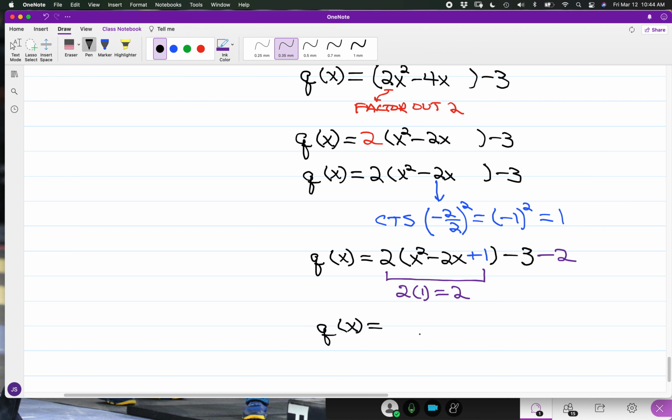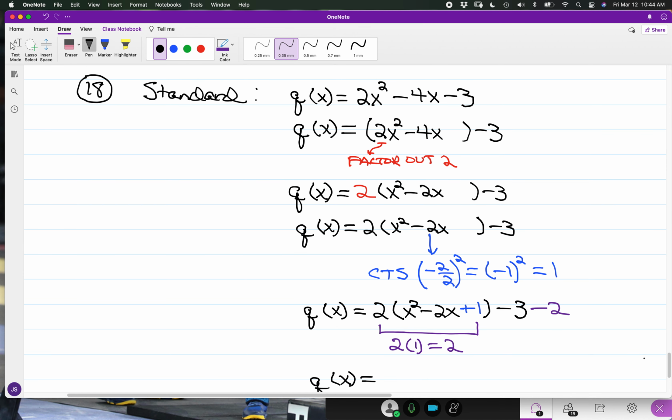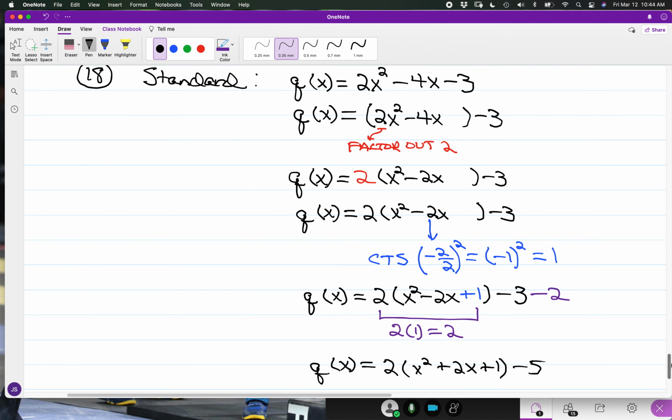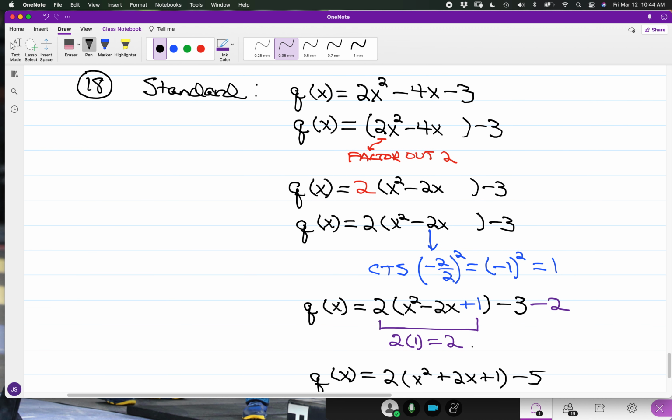So I have for q of x, 2 times the quantity of x squared minus 2x plus 1, followed by this time around the subtraction of 5. So just looking at what we have here, 2x squared minus 4x, and you've got plus 2 minus 5. Plus 2 minus 5 goes to minus 3.